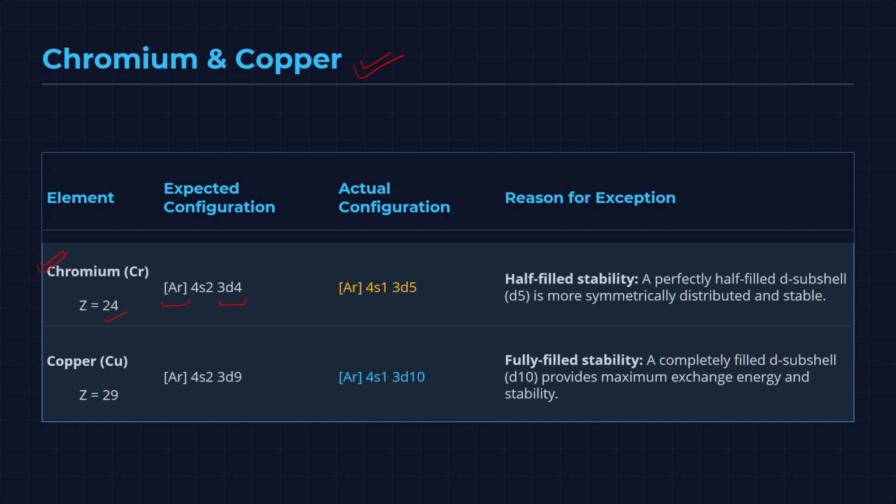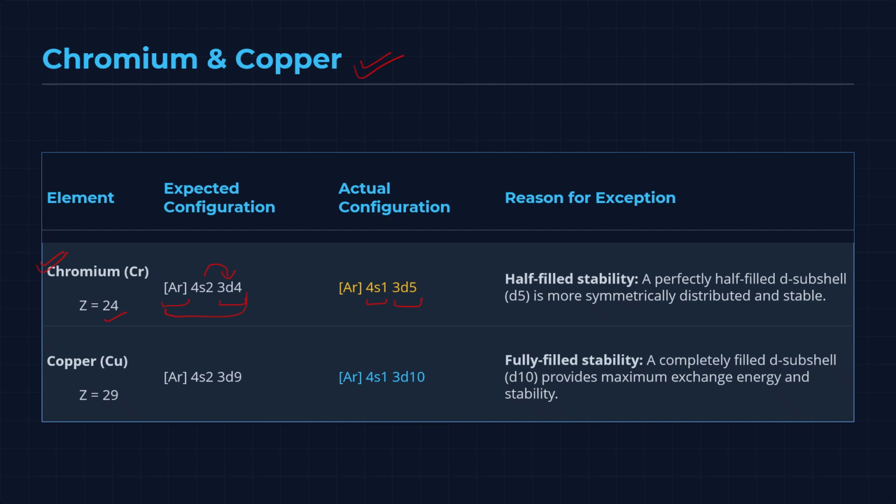Up to this configuration, its electrons are filled in different orbitals. Now this is the expected configuration, but what is its actual configuration? From this 4s2, one electron jumps to this 3d, and it makes the outermost configuration 4s1 and 3d5.